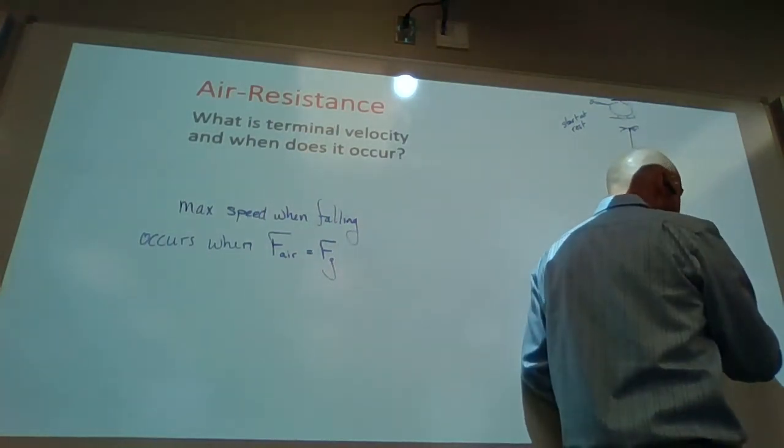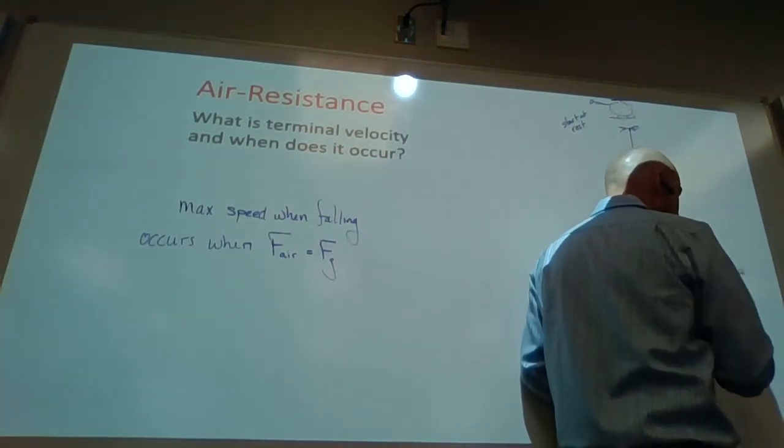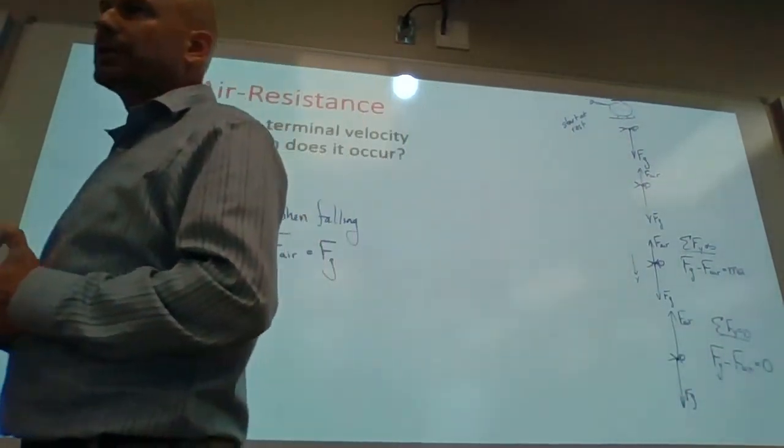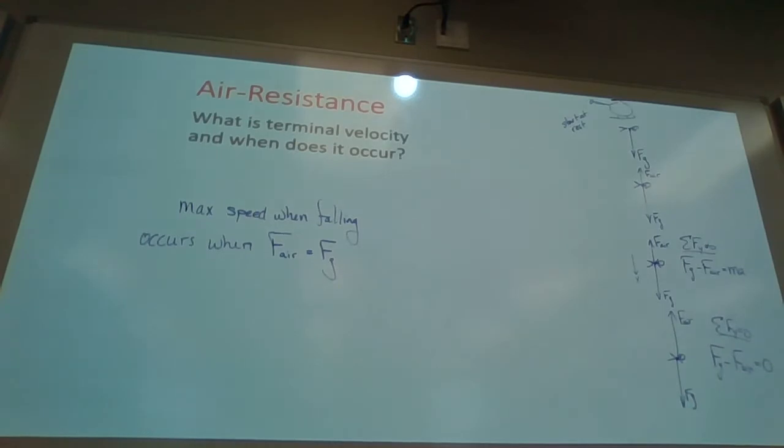0. And how are you moving? How would you describe your motion when the sum of the forces in this scenario is equal to 0? Constant what? Velocity. Are you at rest at that point? That would be wild.